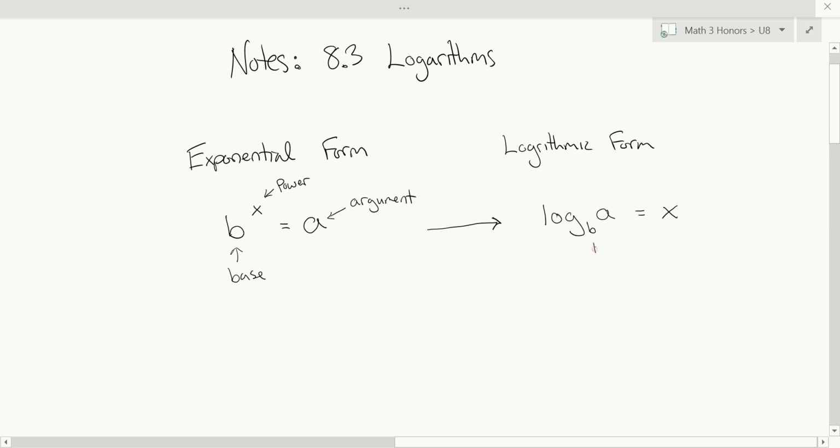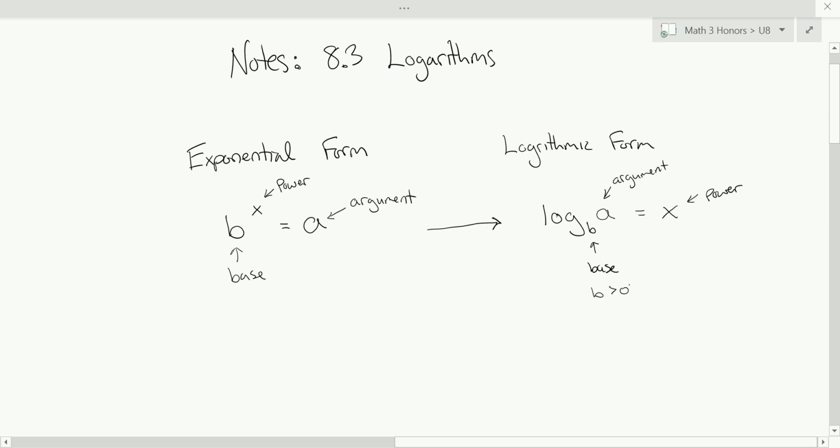So again, here's our base for our log. This is our argument. And it's always equal to a power. Okay. There's a couple things that you do want to know. So our base is always going to be positive.